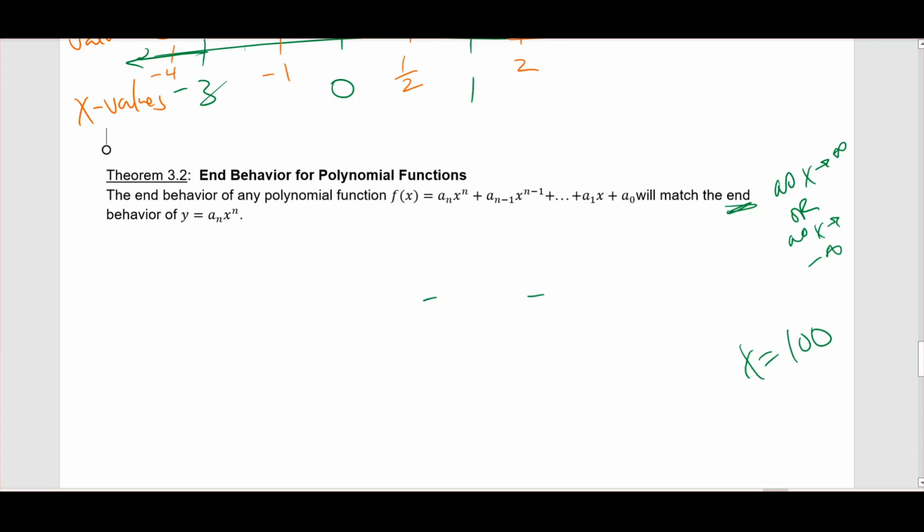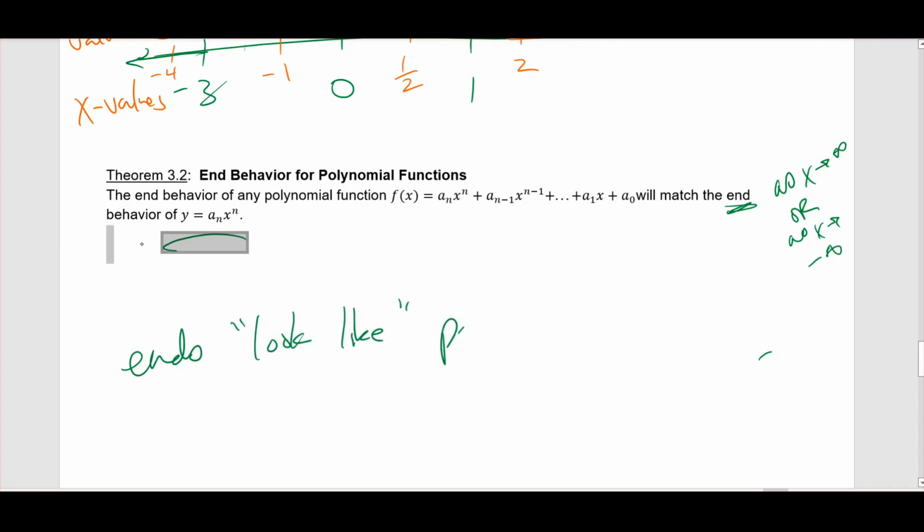Well, that's exactly what we're saying right here. So the end behavior of any polynomial function at all, on the ends, it's going to do what the leading term does. So the ends look like the power function corresponding to the leading term.